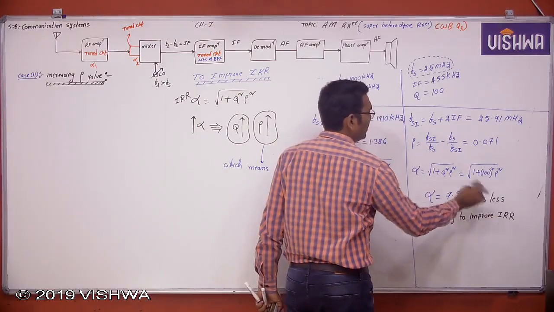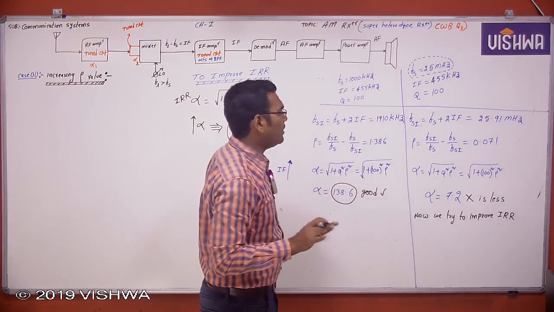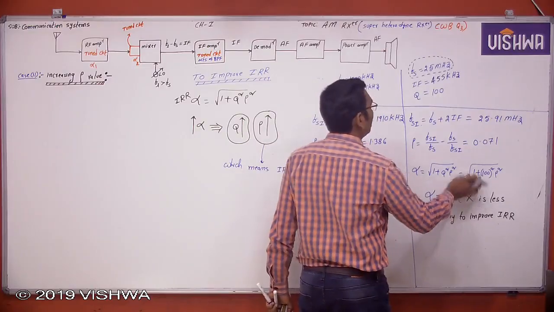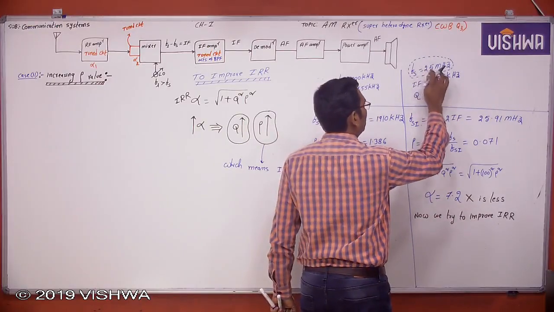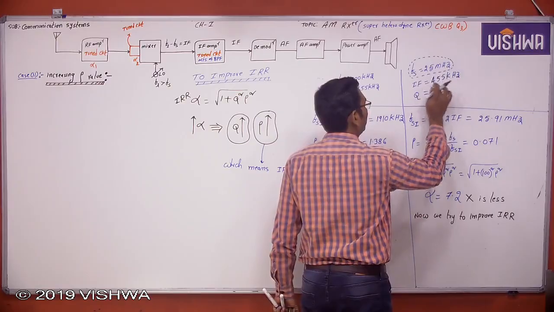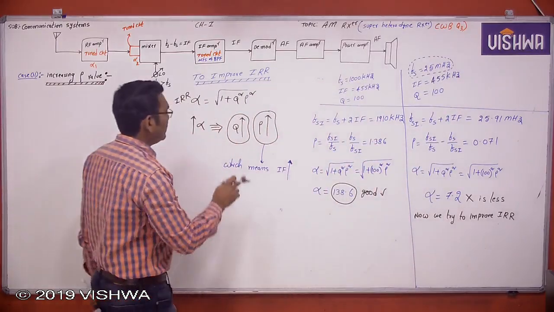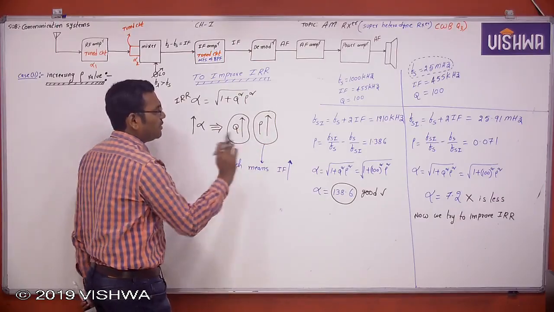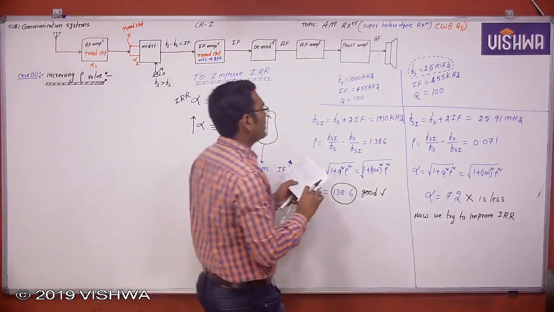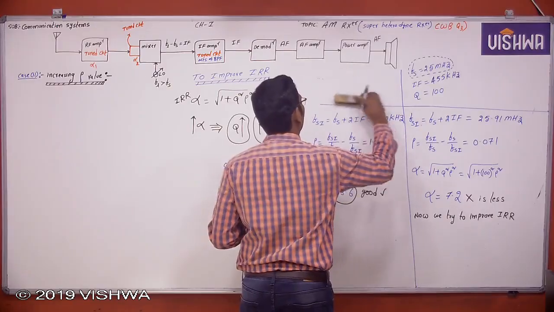So to improve the image rejection ratio, now our aim is to improve it, and here FS is 25 megahertz, IF is 455 kilohertz, quality factor is 100. Okay. So when rho increasing means IF is increased. Therefore now I am asking one question. Now this is the question.